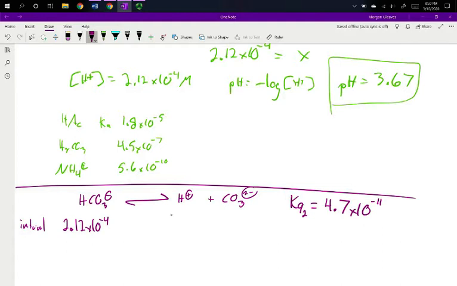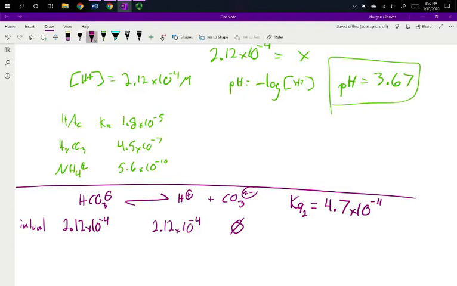H plus, well, that's still in solution from carbonic acid. And so it also is 2.12 times 10 to the minus 4. It's just the two products from last time. Our carbonate, our CO3 2 minus, none of that has formed yet.